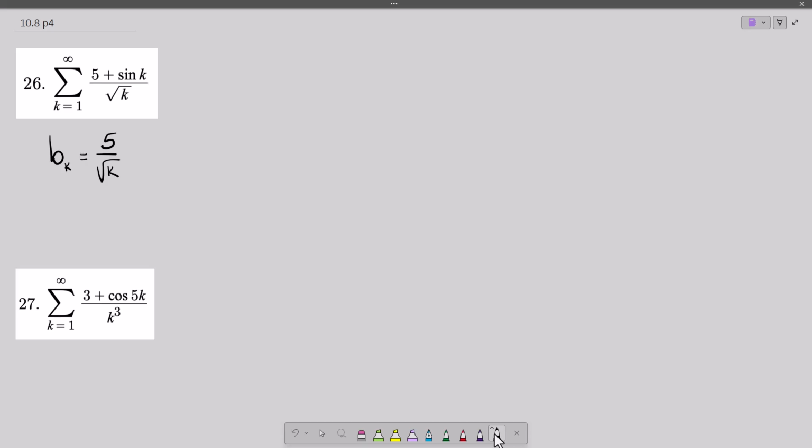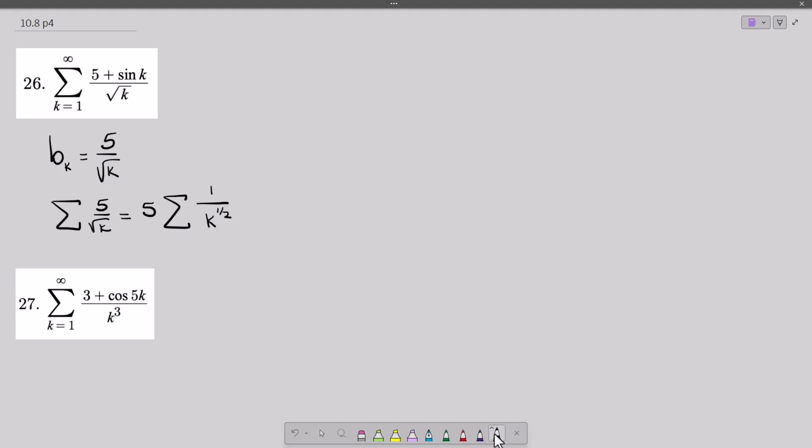Doesn't matter. No matter what constant you plug in here, this series that you generate is going to do what? What's going to happen to this series regardless of what you put as the numerator? It's going to diverge. Right? This is a p series with p.